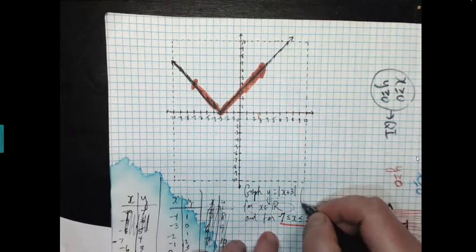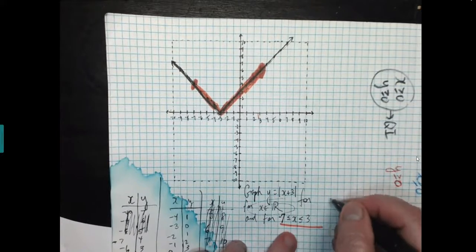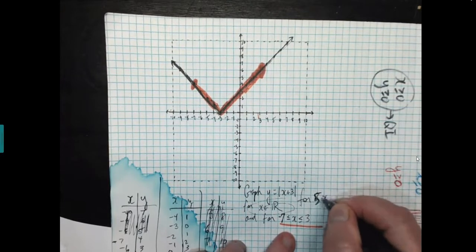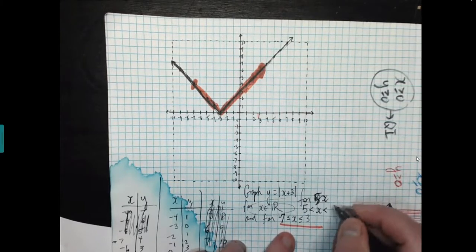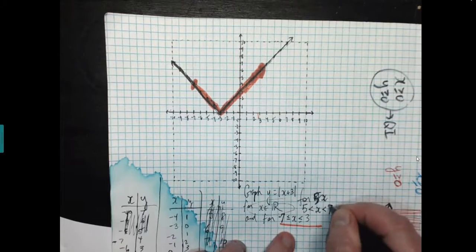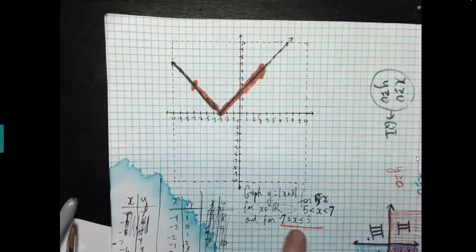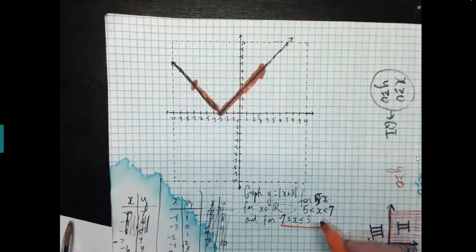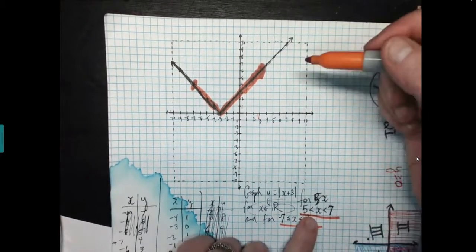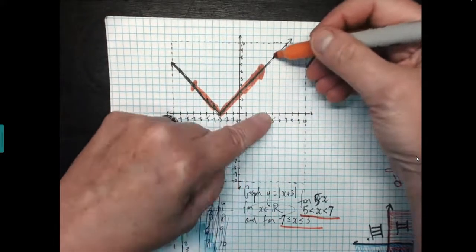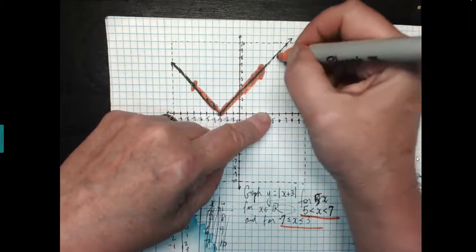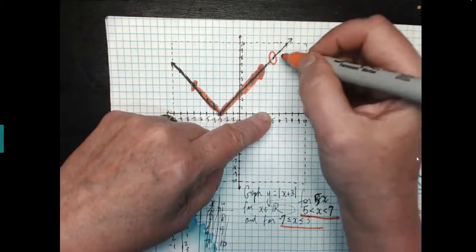If I have it for x is between, let's say, 5 and 7, then the symbol does not include equality here. So I'd start at 5, and the point 5, 8 is where I would start, but it would not be included, so I'd hollow it out.